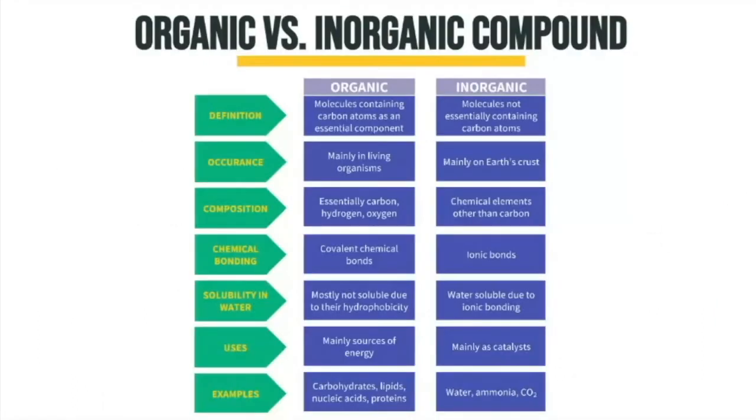The next thing you need to know is about organic and inorganic compounds. Organic compounds are made up with carbon atoms in them, and inorganic compounds do not necessarily have carbon atoms in the structure. The organic compounds are mainly present in living organisms. Organic compounds essentially have carbon, usually with hydrogen and oxygen.